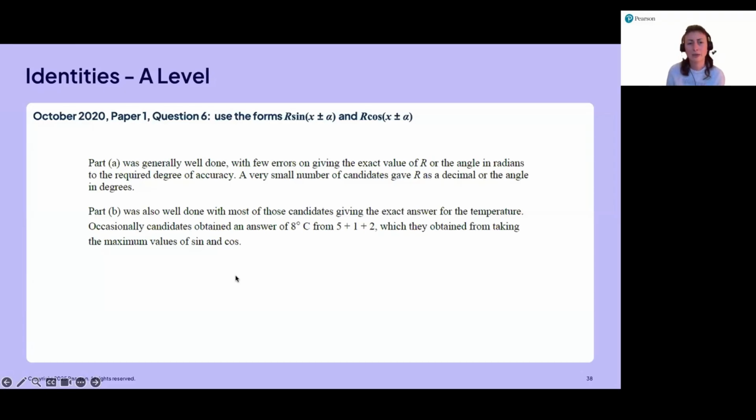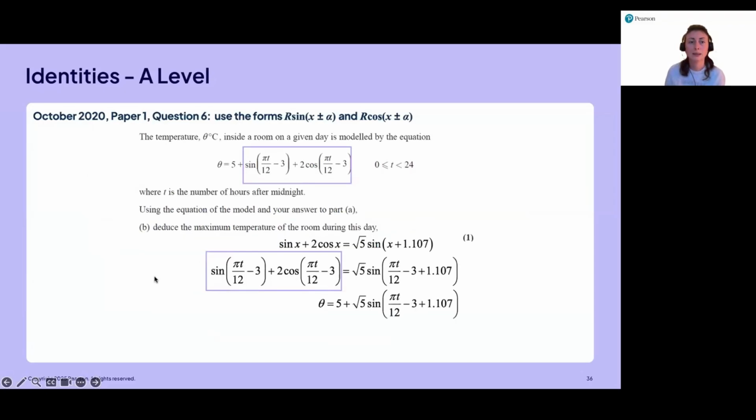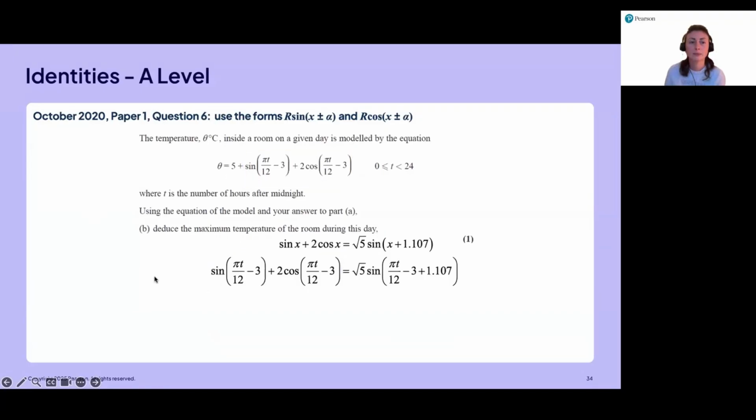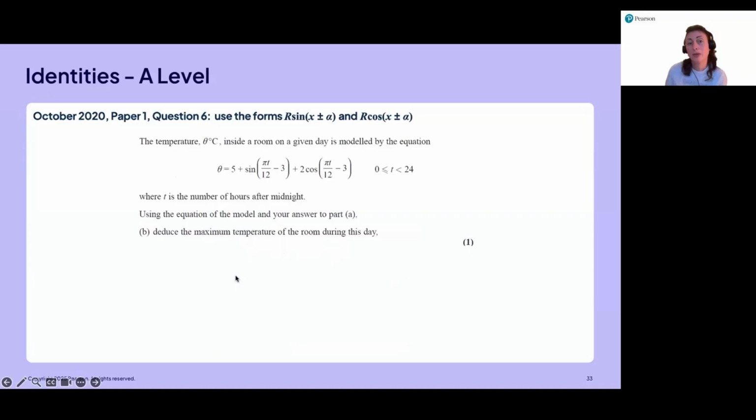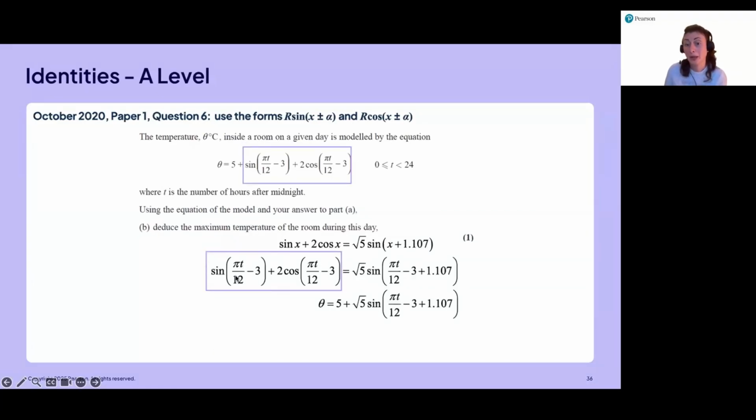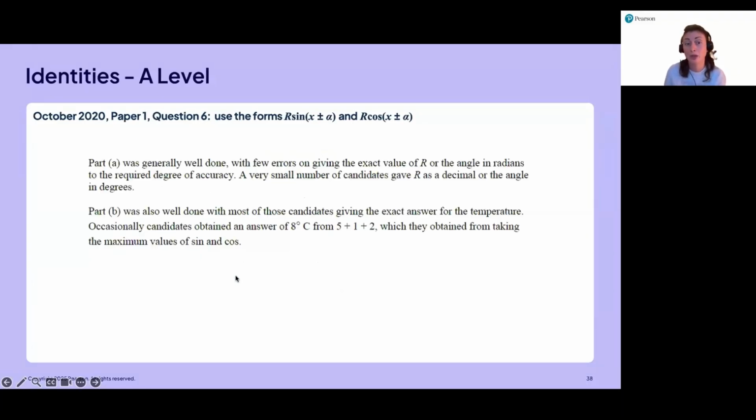They need to understand that the graph of sine x plus 2 cos x, they need to understand what that looks like. And so you can show them that on GeoGebra.